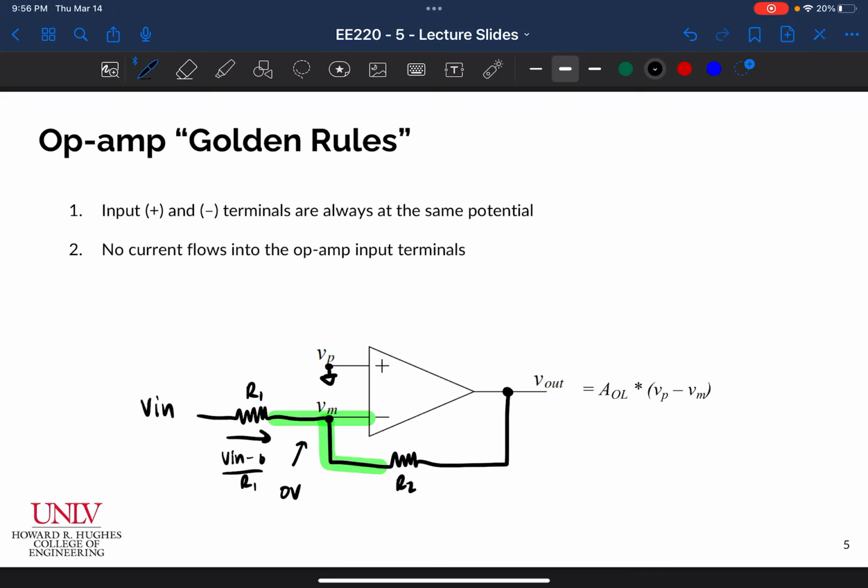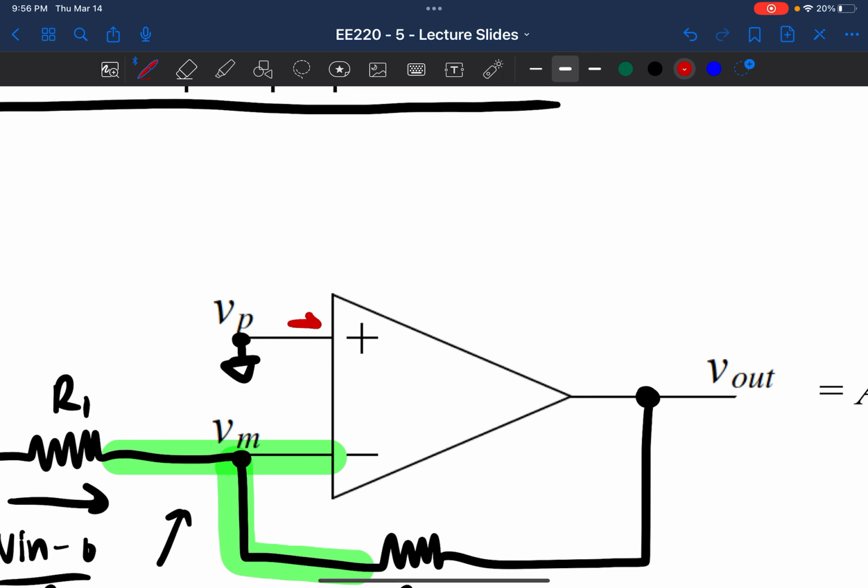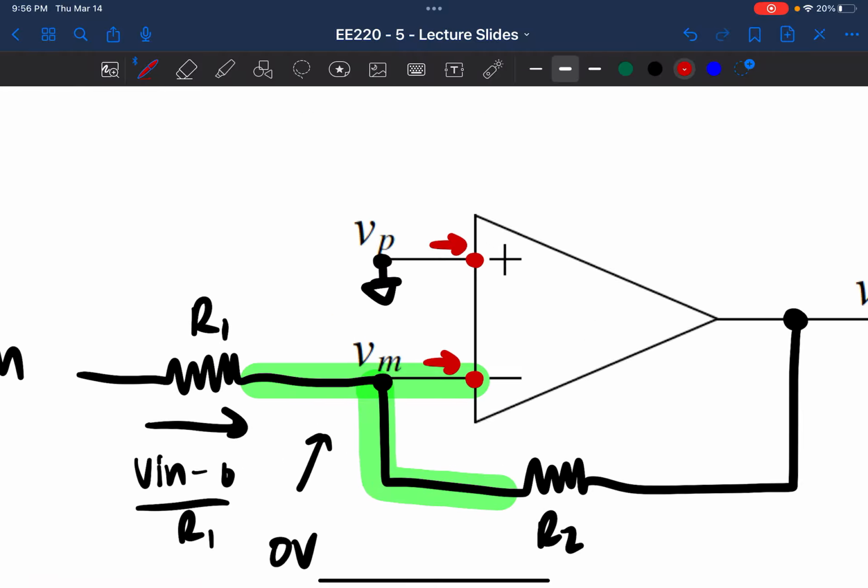And the second rule that I said was that no current flows into the op-amp input terminals, okay? So what does that mean? That means that there is no current flowing into the op-amp. This terminal right here has no current flowing, right? Clearly, there is current flowing across this resistor because I have 0 volts here on one side and a voltage V in on the other side, and that voltage drop would be V in.